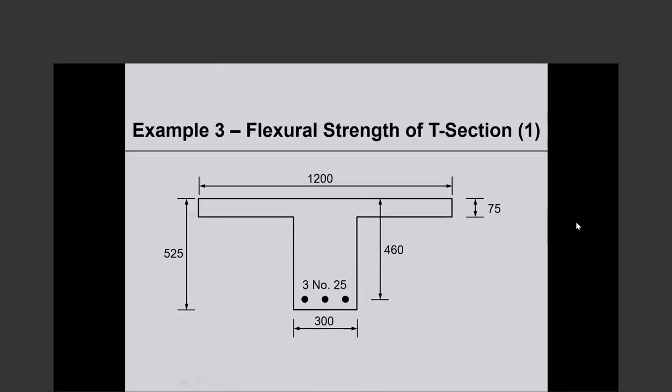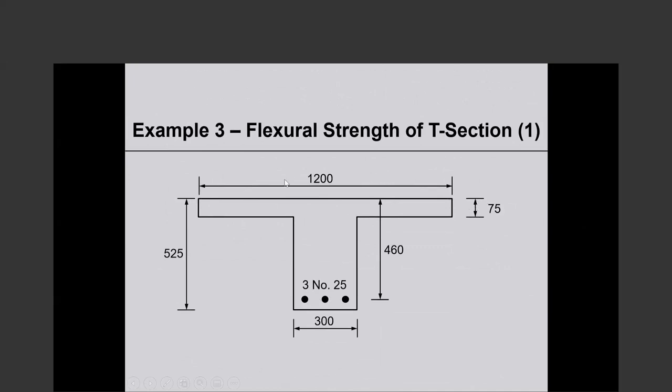Okay. So this is our section that we have to determine. I will show you the calculation, but what is given is 300 millimeters wide, 525 is the total depth, 460 is the effective depth, and 3 number 25 bars. Also, the slab is 75 millimeters thick.